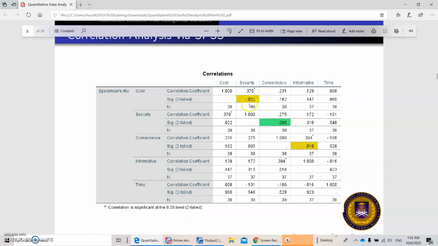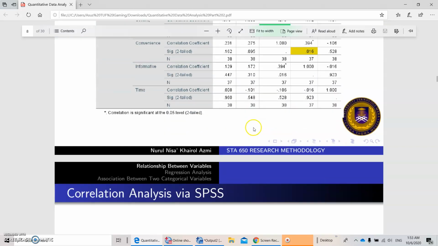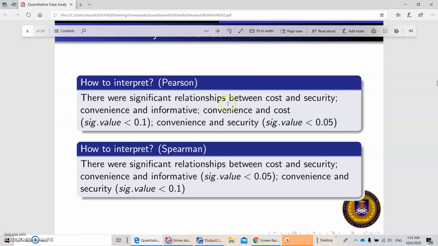So I put a yellow color. And for security and convenience, the correlation using Spearman indicates that the relationship is significant but at 0.1.